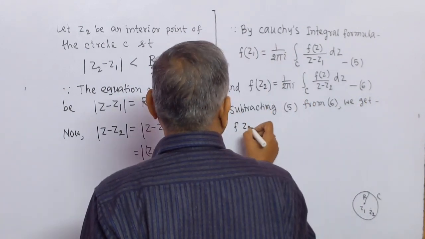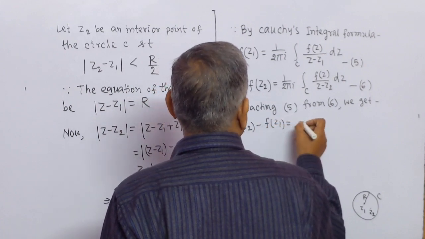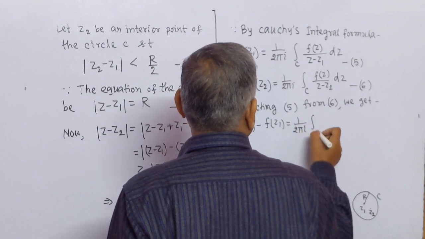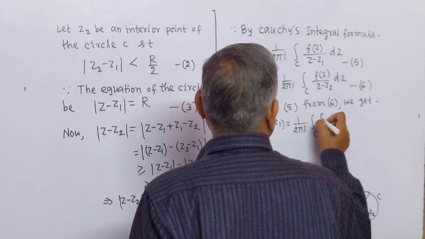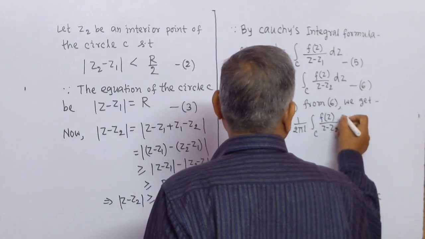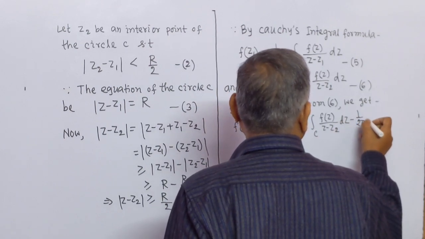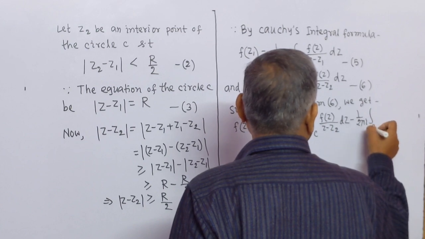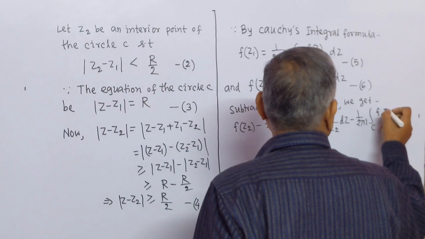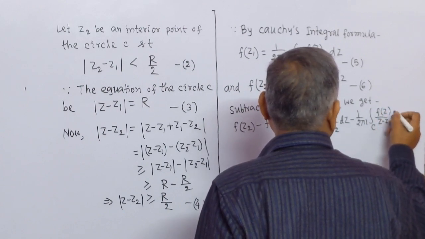f(z2) minus f(z1) equals 1 by 2 pi i integration along the circle C, f(z) by z minus z2 dz, minus 1 by 2 pi i integration along the circle C, f(z) by z minus z1 dz.